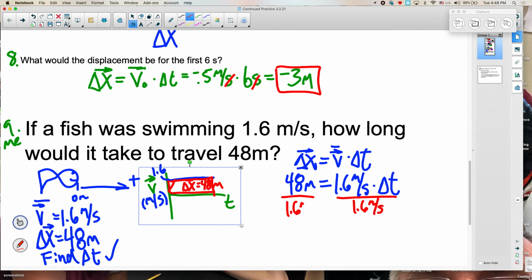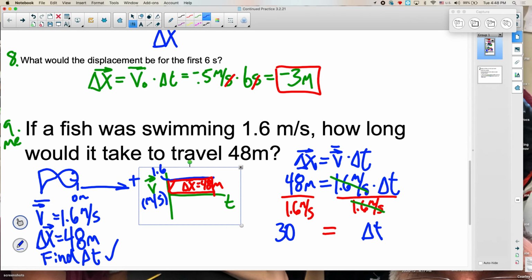On the right side, the 1.6 meters per second cancels out, leaving us with just change in time. And 48 divided by 1.6 equals 30.